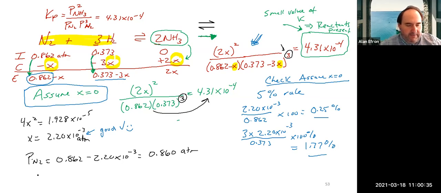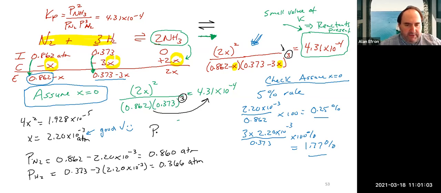We would do our partial pressure of our H2, which in this case is 0.373 minus 3 times x. And 0.373 minus 3 times the 2.2 times 10 to the minus 3 value gets us 0.366. Again, they would be atmospheres.